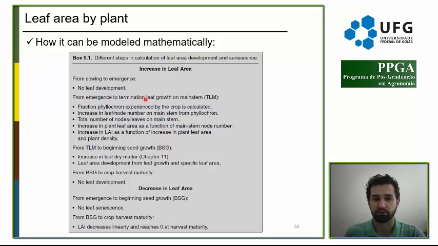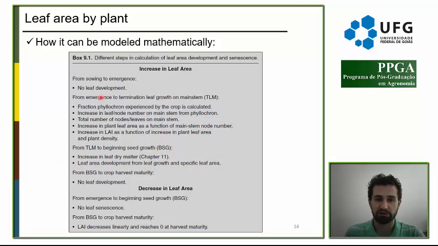From emergence to termination of leaf growth on the main stem, we have all these factors affecting the leaf area growth. From the termination of leaf growth on the main stem to the beginning of seed growth, we have the increase of the leaf area following the dry matter, and the leaf area development from leaf growth and specific leaf area.